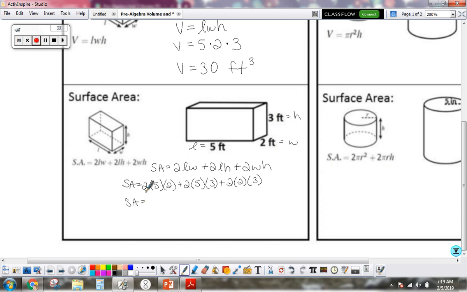Surface area equals 2 times 5 times 2 is 20, plus 2 times 5 times 3 is 30, plus 2 times 2 times 3 is 12. When I add all of these up, 20 plus 30 plus 12 gets me 62. My unit is in feet. And remember, with area, it's always square units.